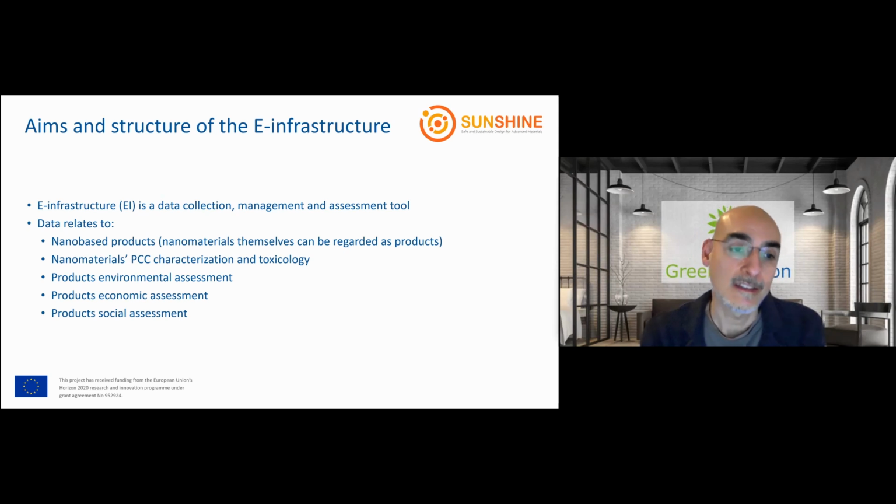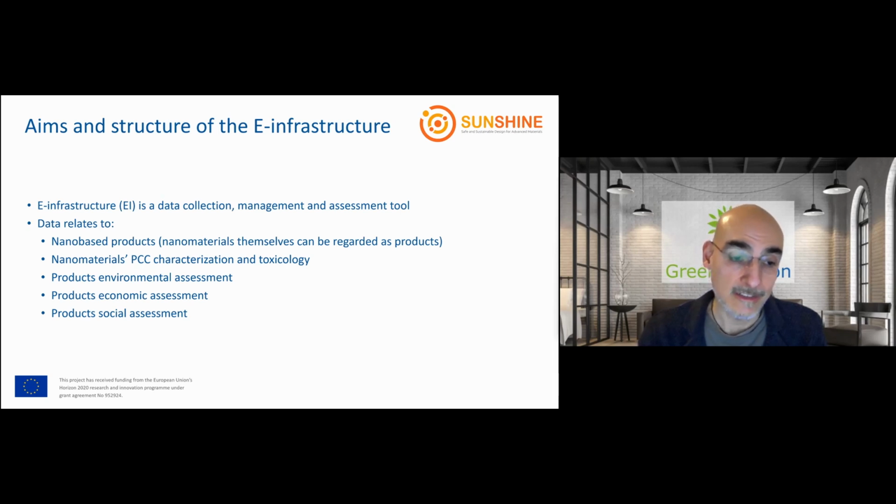The data that is intended to be used in the infrastructure relates to nano-based products. And in this case, a product is also a nanomaterial itself, but also a product containing nanomaterials. Data refers to physical-chemical characterization, toxicology, and all the information about nanomaterials.